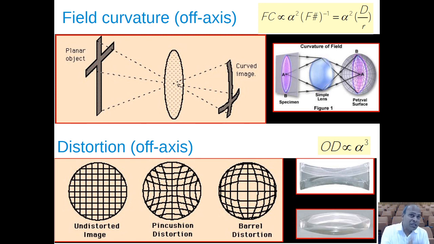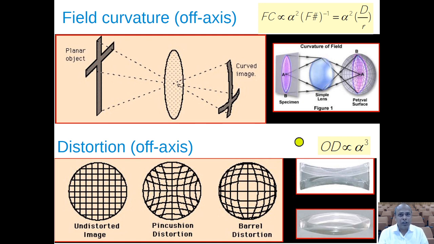It arises out of the curvature of these optical elements, and hence the images formed have curvature. So this becomes more prominent when you are looking at a wide field. For example, if you are imaging a half degree size object, for example the moon in the night sky, you need to take care of this field curvature. But when you are interested in a very small field of view, these are not that dominant.